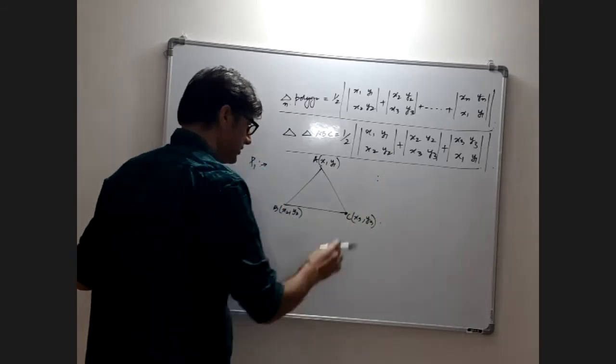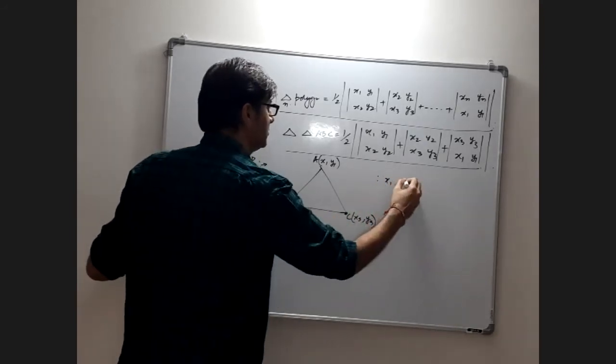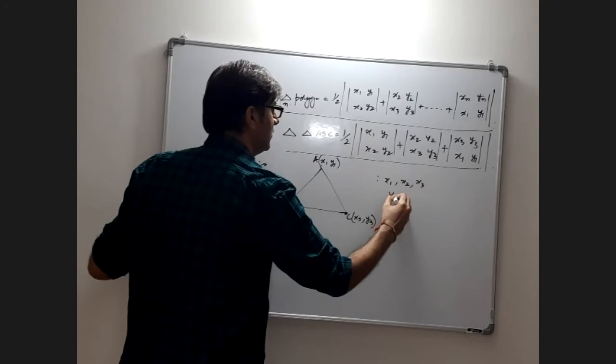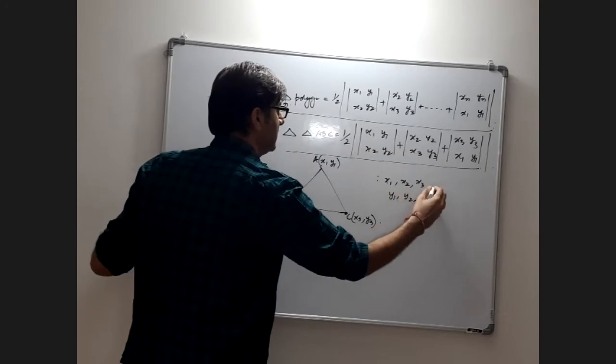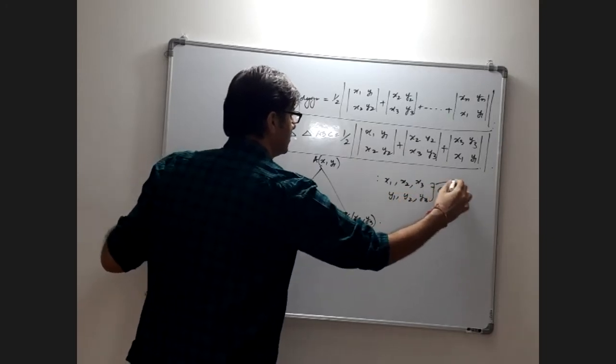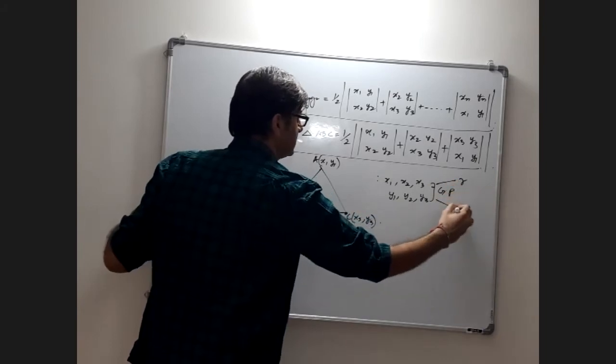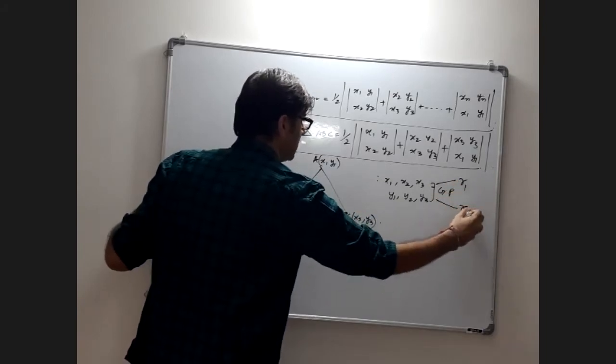Now the conditions are that x1, x2, x3 and y1, y2, y3 are in GP, with common ratio R1 for the x's and common ratio R2 for the y's.